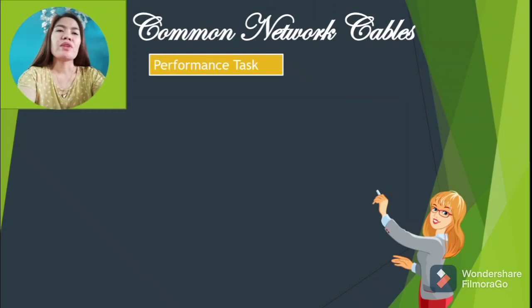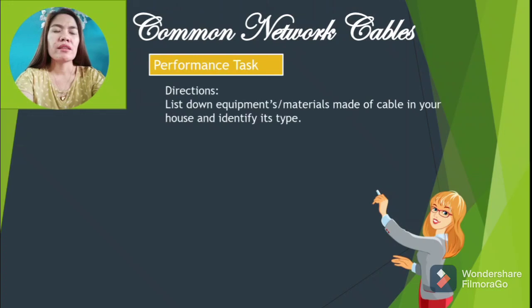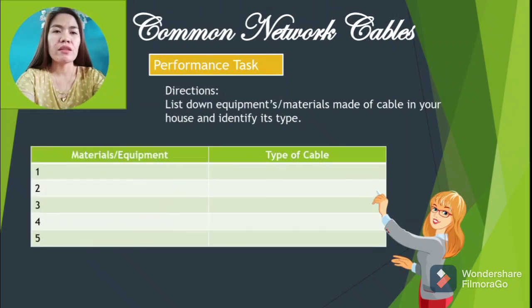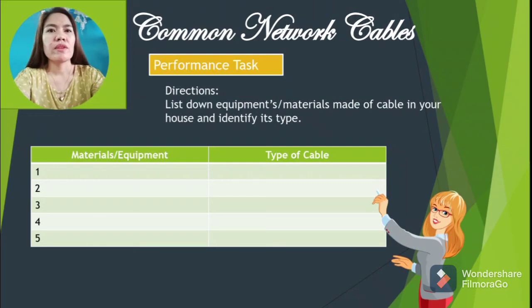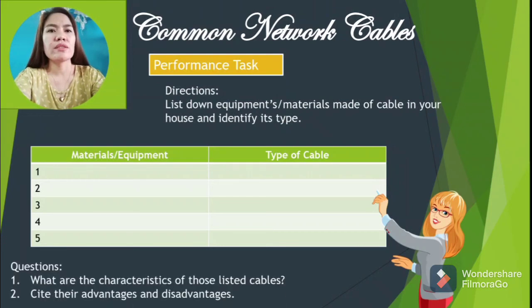Okay then, so for your performance task, list down equipment or materials made of cable in your house and identify its type. Okay? So list the materials or equipment and the type of cable. So here are the questions.